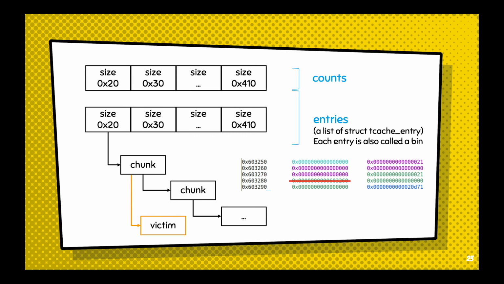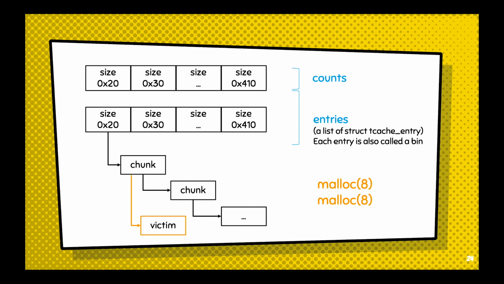After that, if attackers can also control the execution by calling malloc twice, and the malloc contains the same size of the chunk, then the first chunk will be used for the first malloc, and then the second, which is the victim chunk, will be used for the second malloc. In this case, after the second malloc, attackers will be able to own this specific memory.